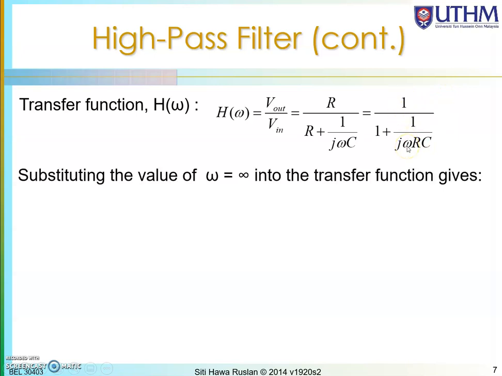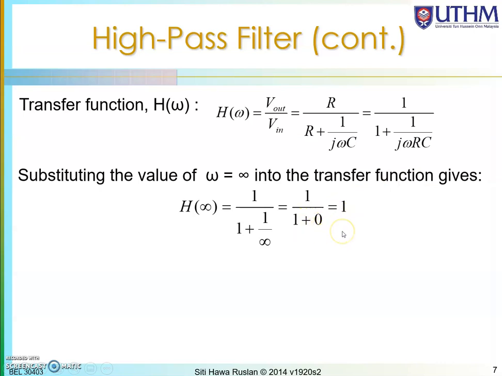Okay, again, how do we analyze this transfer function? Substitute omega over here with a very high frequency first. Okay, so this term will be very large. 1 divided by a very large value. This part is 0. So your gain will be 1.